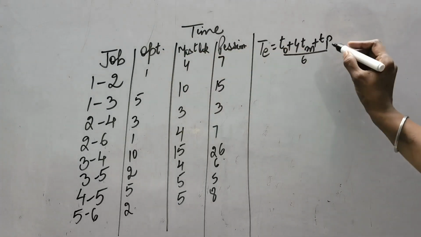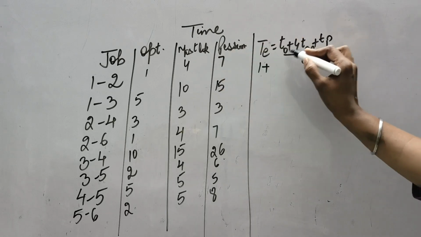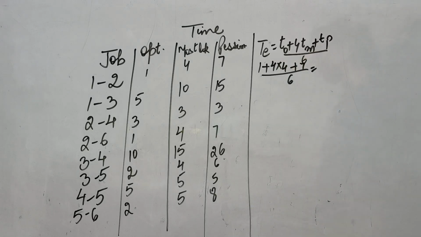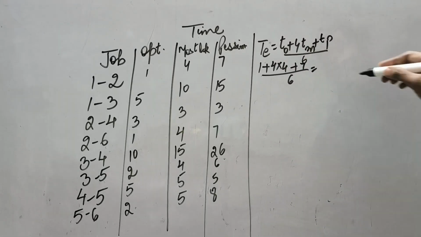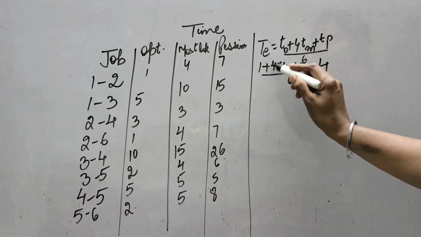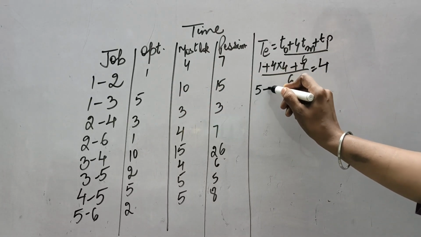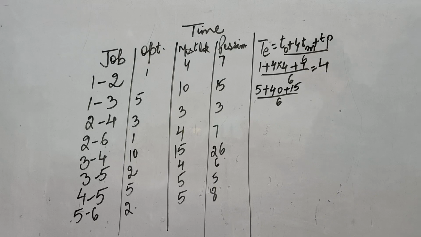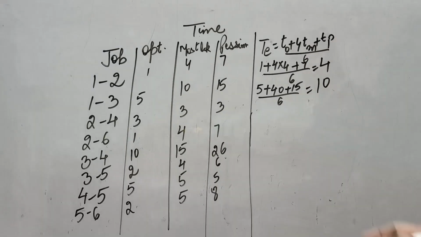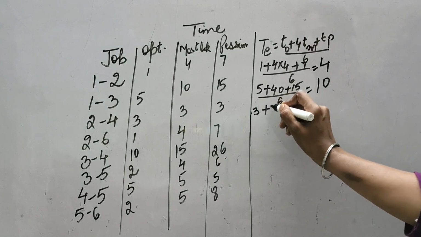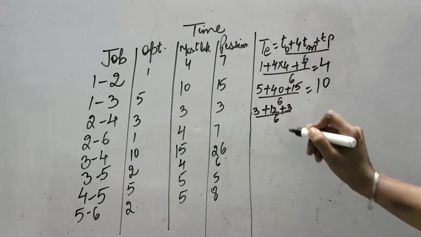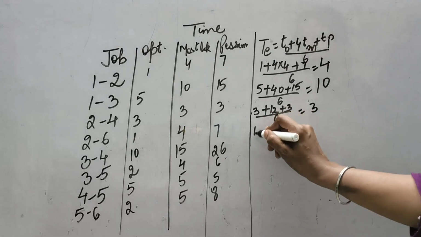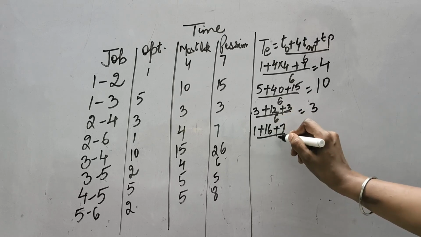So it will be 1 in the first case, 4 into most likely is again 4 plus pessimistic is 7 divided by 6. It comes out to be 4. For next it will be optimistic time is 5, 40 plus 15 divided by 6. This comes out to be 10. For third it will be 3, 12, 3 divided by 6. Next it will be 4, 16, 7 divided by 6.